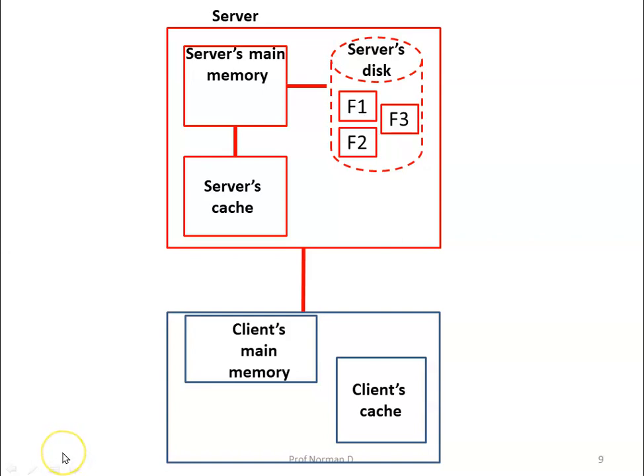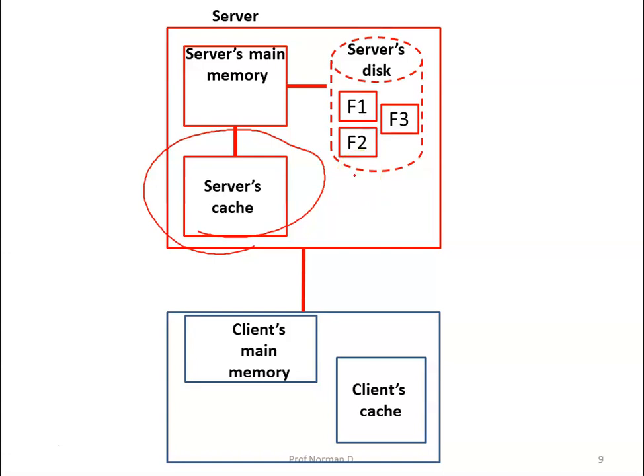Now having a cache in the server's main memory is easy to do and totally transparent to the clients, since the server can keep its memory and disk copies synchronized. From the client's point of view, there is only one copy of each file, so no consistency problem will ever arise.